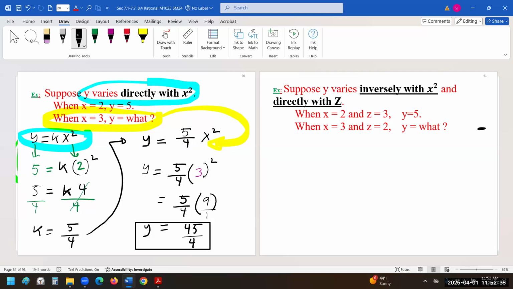This is called joint variation. Joint variation. So three functions are changing at the same time with a constant rate. Write the question down and then we're going to do it.